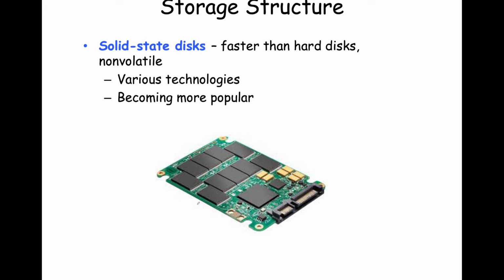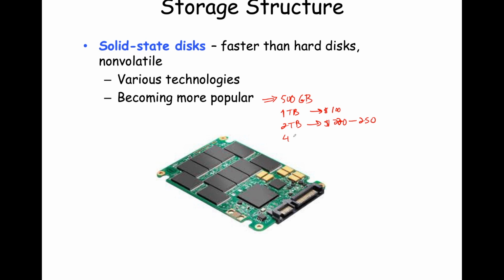So right now, you can typically get a 500 gigabyte SSD for not too much money. You can get a 1 terabyte SSD for about maybe, let's say, $100 or so. And then if you go to a 2 terabyte SSD, that'll run you about $220 to $250.